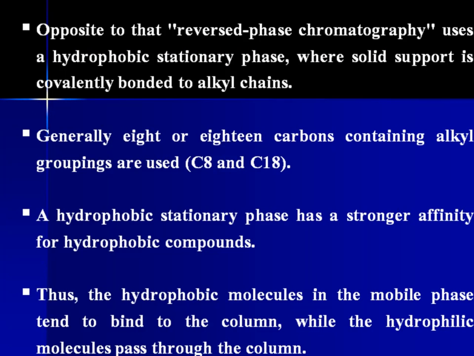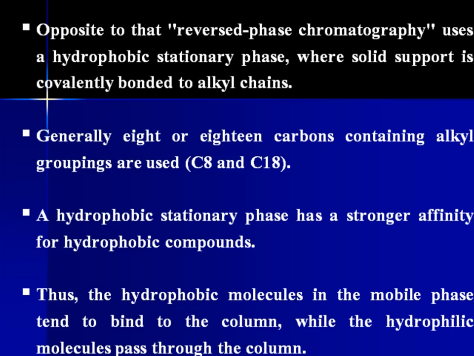Opposite to that, in reverse phase chromatography, a hydrophobic stationary phase is used, where the solid support is covalently bonded to alkyl chains. Generally, alkyl groupings containing 8 to 18 carbons are used. A hydrophobic stationary phase has a stronger affinity for hydrophobic compounds.